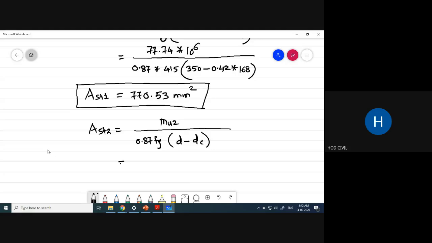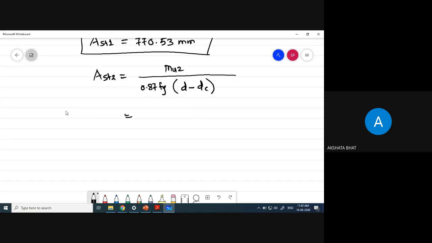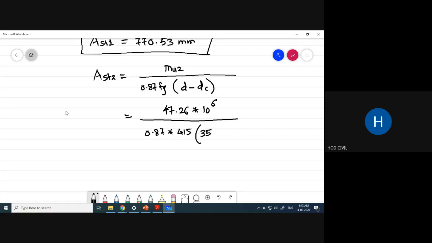So let us put all the values. What is the mu2 value? Tell me. 47.26. Yes. So 47.26 into 10 raised to 6 divided by 0.87 into 415 into bracket D is 350 minus DC is 50. So AST2 is 436.32.